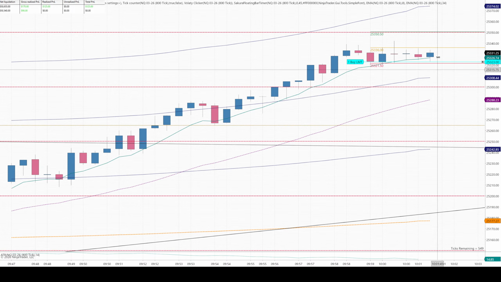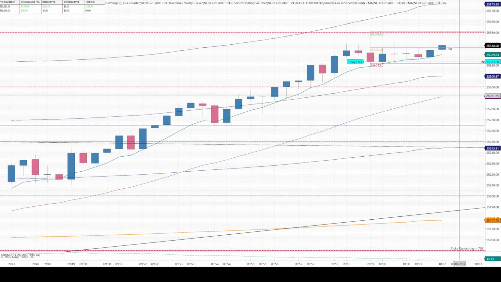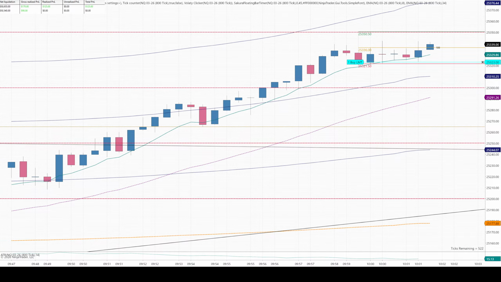Been trying to get this entry. I missed it by a tick. It ended up hitting target, but I don't know if all the accounts got to experience that profit, if that makes any sense.